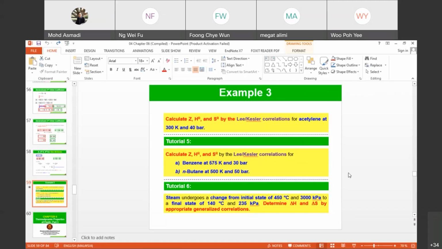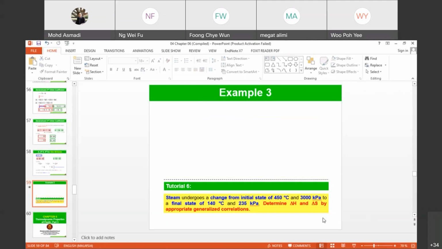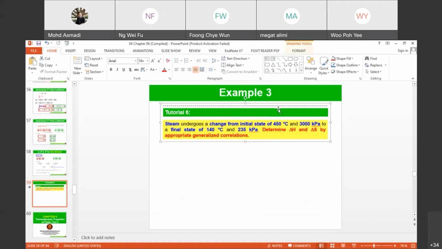So how about Example 3, part 6? I think you have to determine delta H equal to delta H IG plus delta H residual, which is H2R minus H1R.